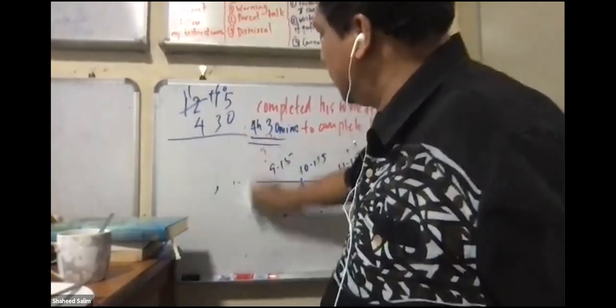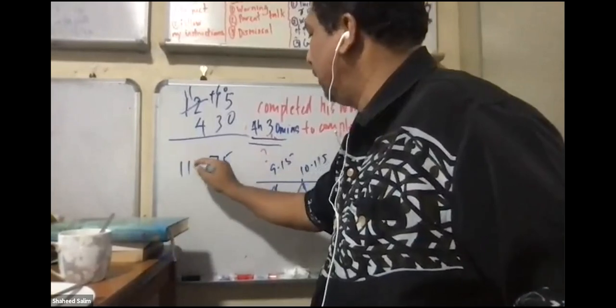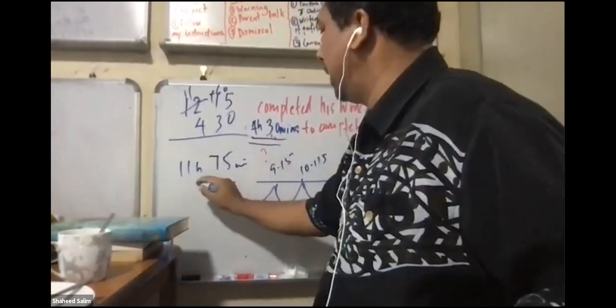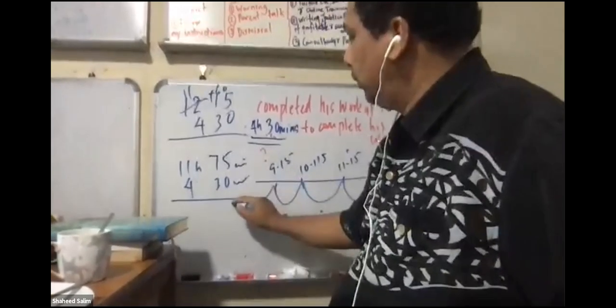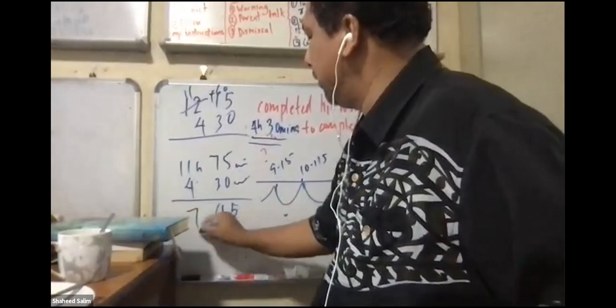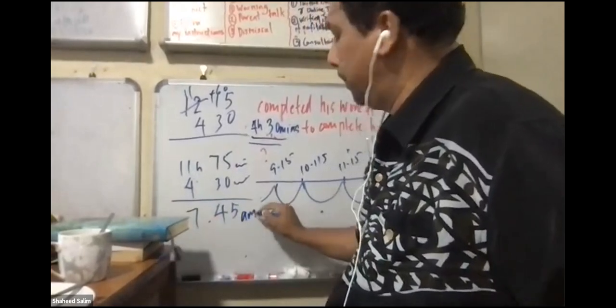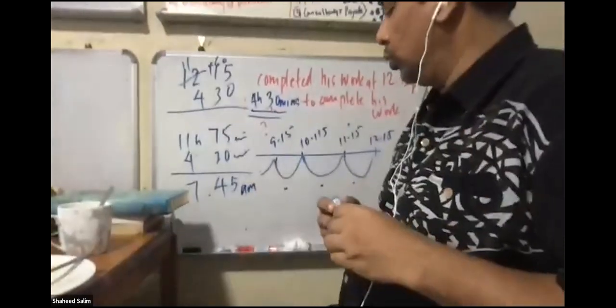Don't just put 1 on here. 11 hours 75 minutes minus 4 hours 30 minutes. 75 minus 30 is 45. 11 minus 4 is 7. 7:45. You can also do it like that. Up to you.